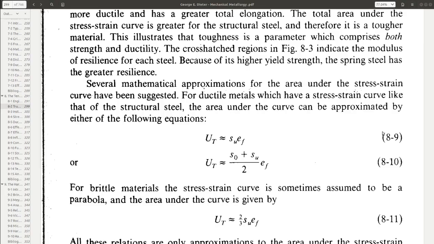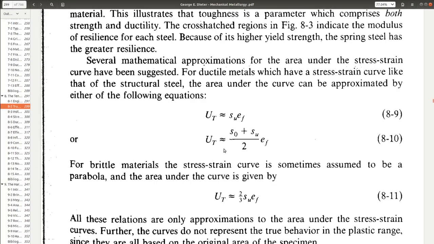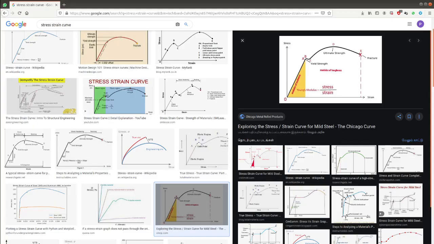That's what this equation gives. Another approximation is S naught plus SU by 2, where from this picture, this is S naught and this is SU.